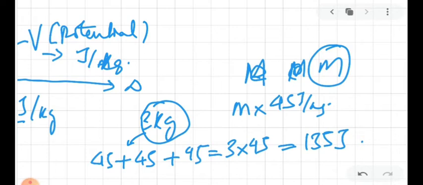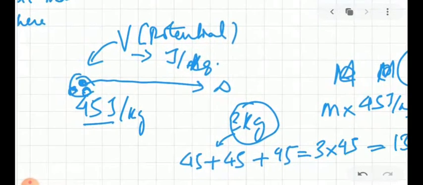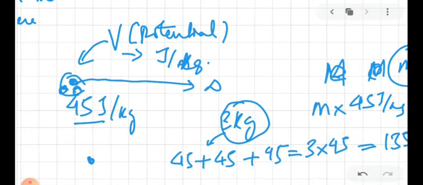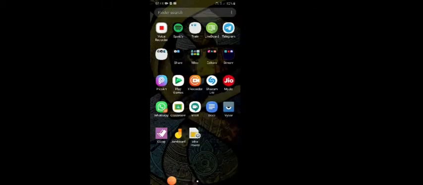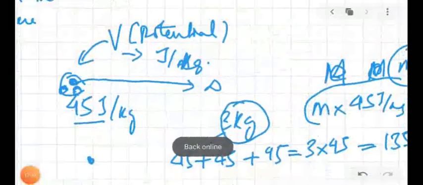So if that particle is exactly at that point, what is the amount of energy it has? It is the same as this. You had this point, and there was a value V at that point, and you had a small mass m at that point.